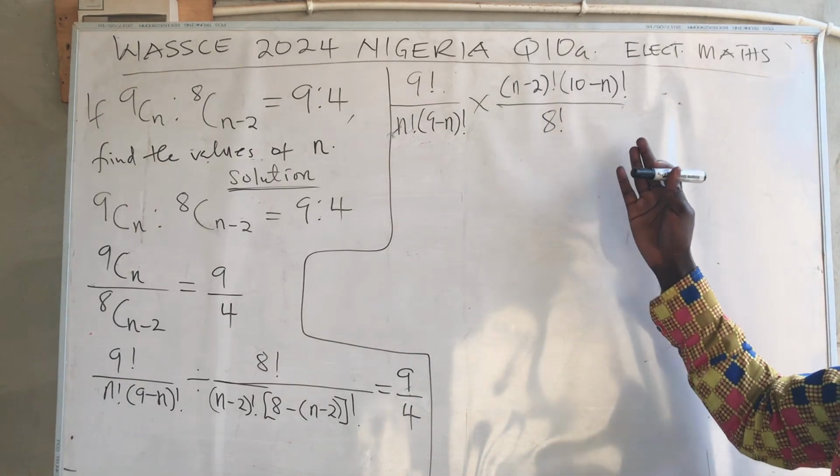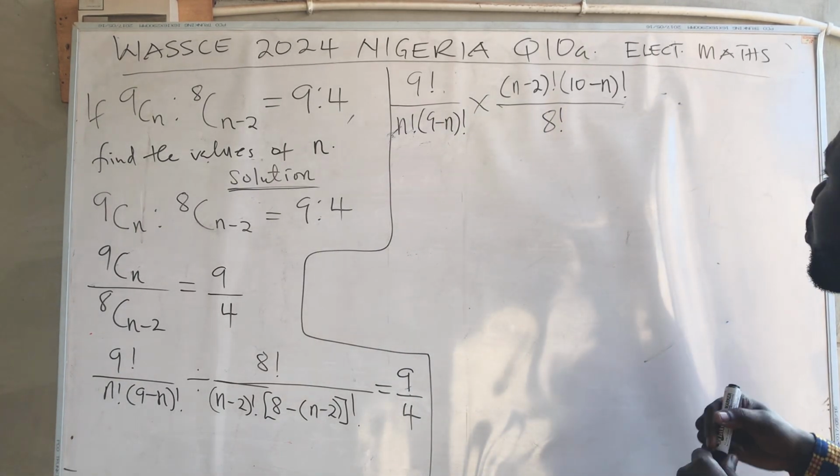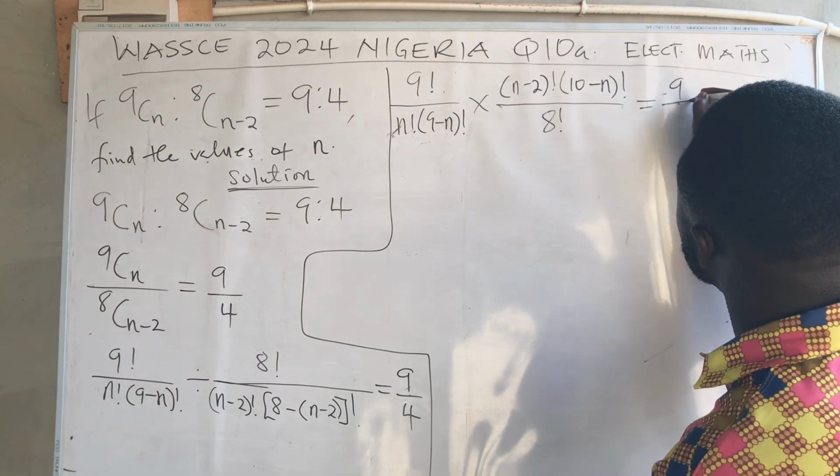Okay, so this is what we have, equal to 9 divided by 4.